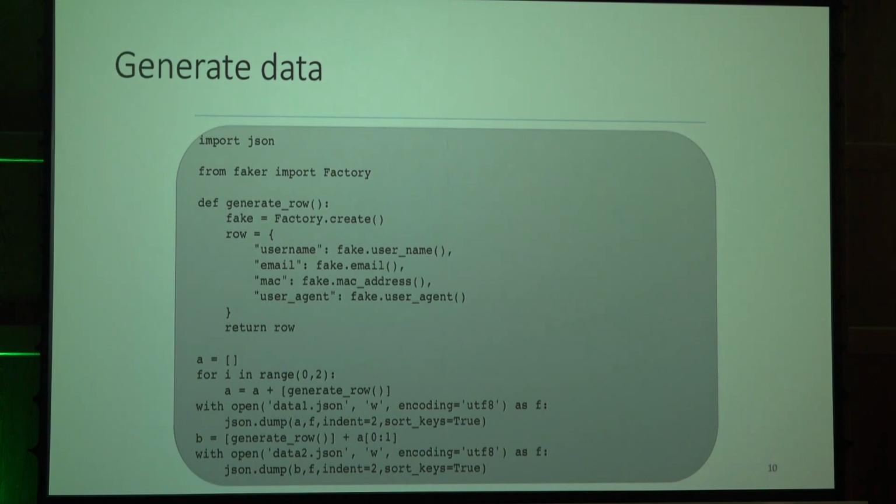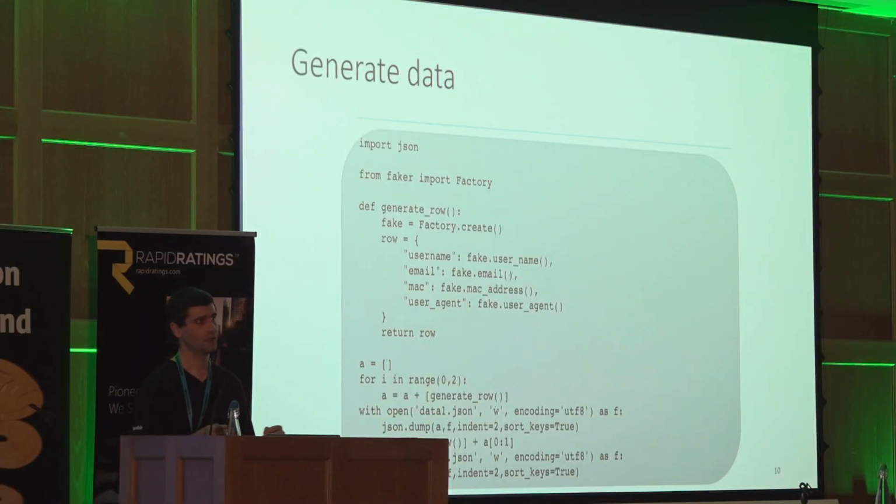So we can generate a username, an email, a MAC address and a user agent, and we want this data to look like real data.